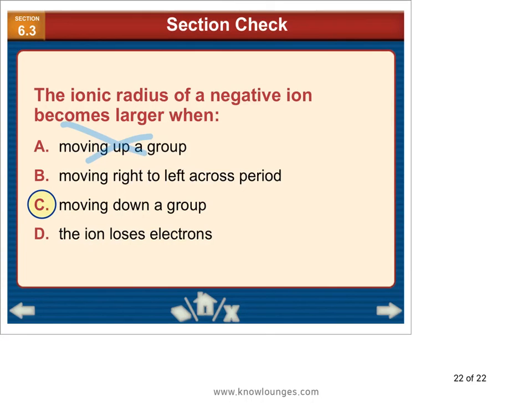If you move left to right across a period, or right to left, ionic radius is going to become smaller. Move down, it's going to become bigger. And losing electrons is going to make the ionic radius smaller, while a negative ion is one that gains electrons.